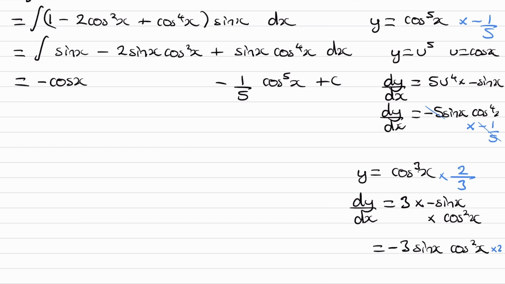So times this by 2 over 3, those two 3's cancel out, and we get what we have here. So then, this here is the integral of that term, positive 2/3 of cos cubed x. So plus 2/3 cos cubed x minus this plus c, and that will be our final answer.